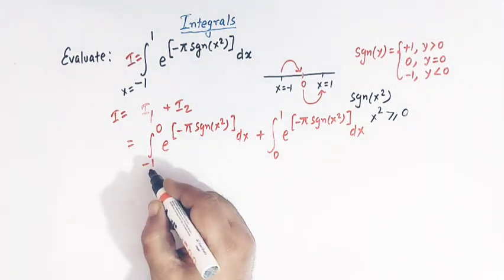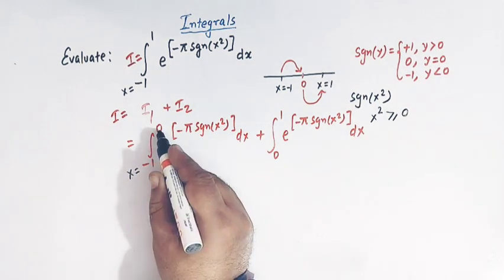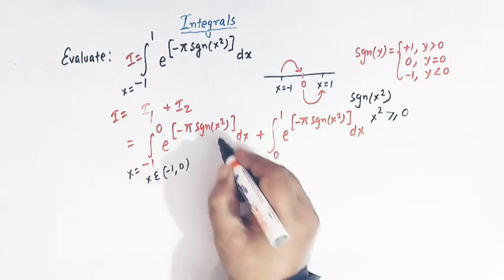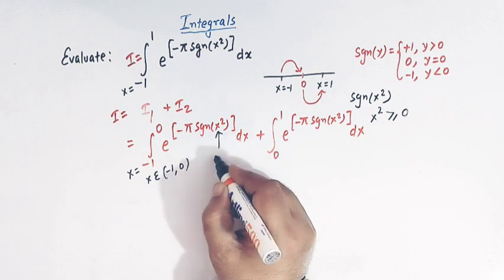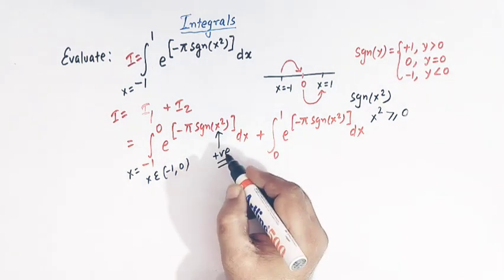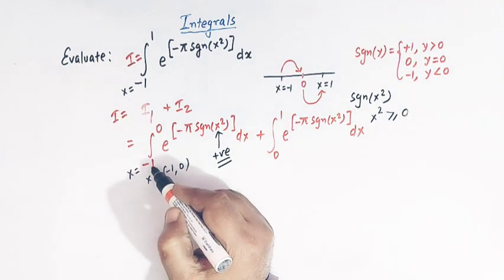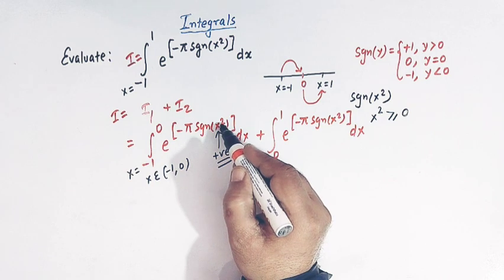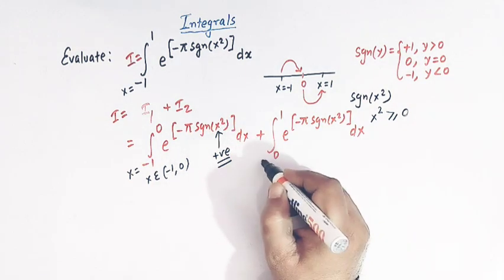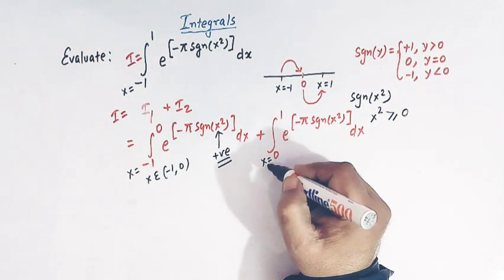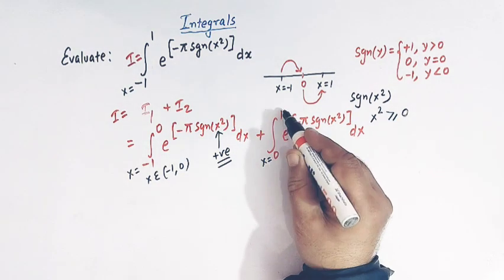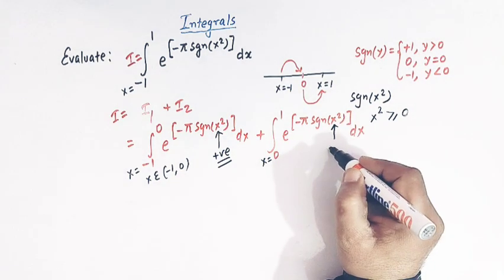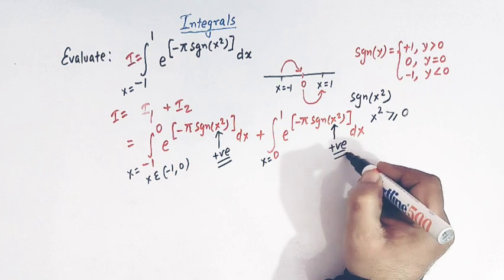Now when x belongs to the interval -1 to 0, x square is always positive, whatever the value of x, because this is a square term. Similarly, in the second integral, x goes from 0 to 1, and here also x square always gives a positive value.